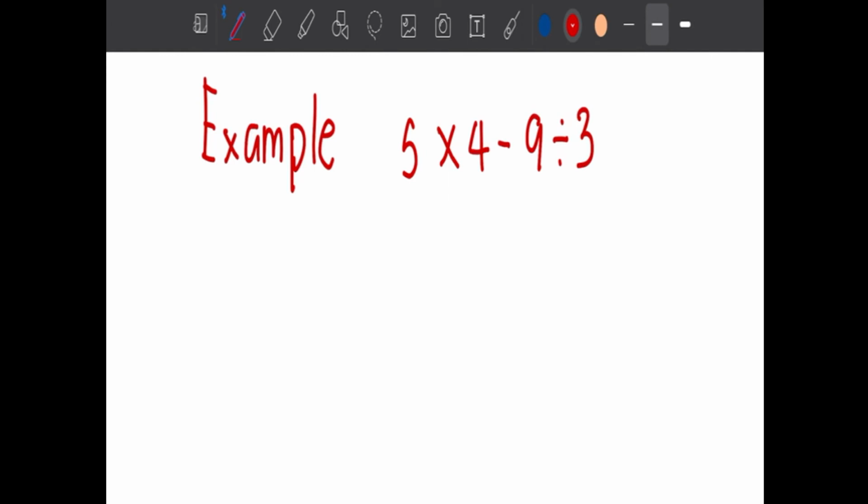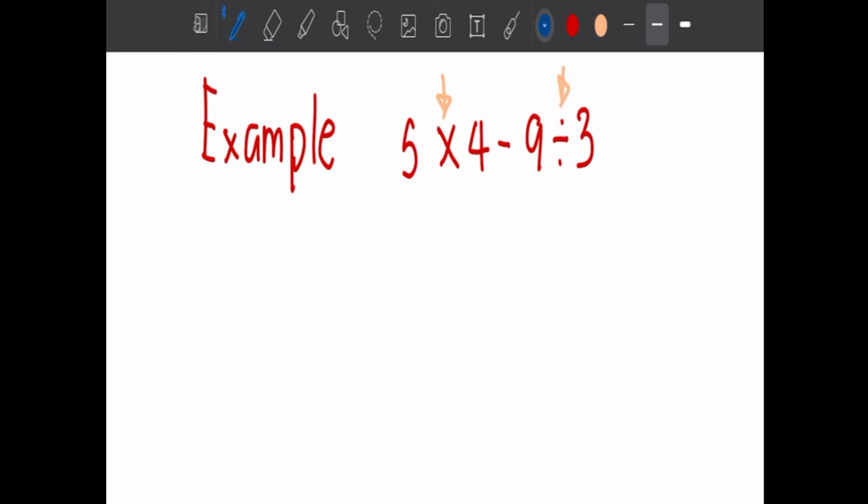Next, multiplication and division. Example 2 has multiplication and division.